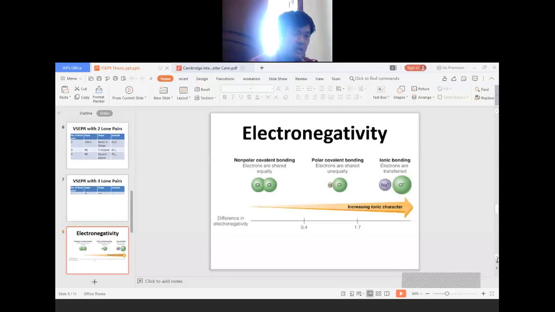Electronegativity is the ability of an atom to take electrons, or it has an unequal sharing. Look at this molecule.